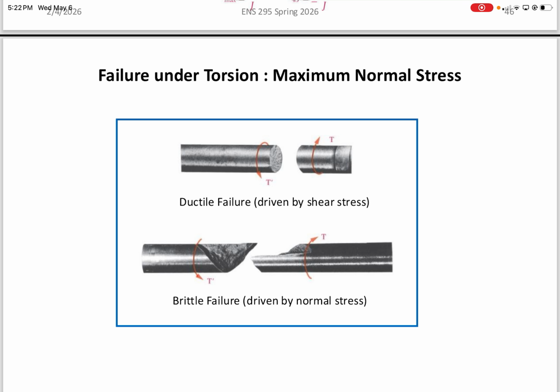We'll see that the material will fail directly along some given shear plane. But for more brittle materials, this could be something like aluminum, for example, that'll have a more brittle failure, which means that the normal stresses will generally govern that type of failure mode.